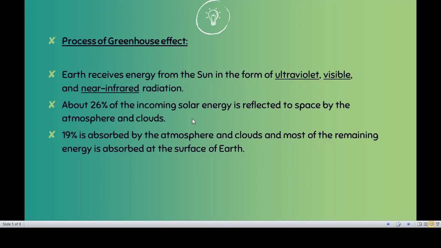It is infrared radiation, which means very high radiation, which has the capacity to cause a direct burning effect. So that is the radiation capacity of the sun. The sun gives out radiation, and we receive it in a filtered form, since the distance between the sun and the earth is very large.